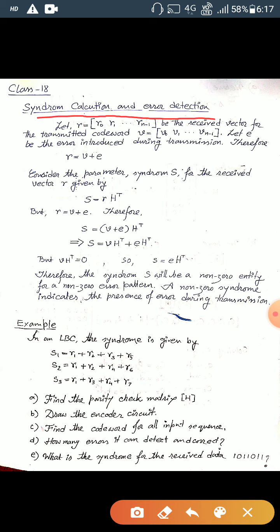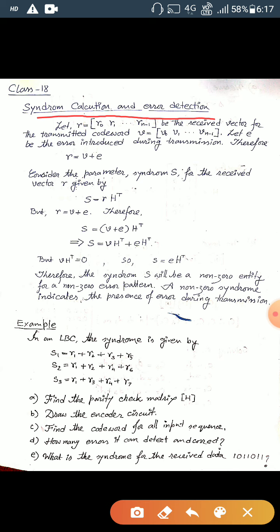For this reason, syndrome calculation is the most effective technique by which we are able to identify whether the received signal is coming in correct form or not.